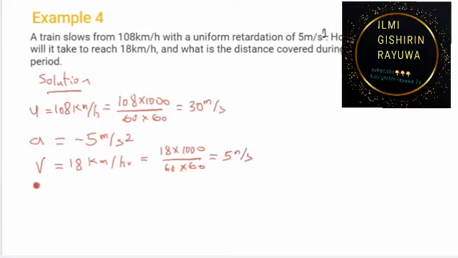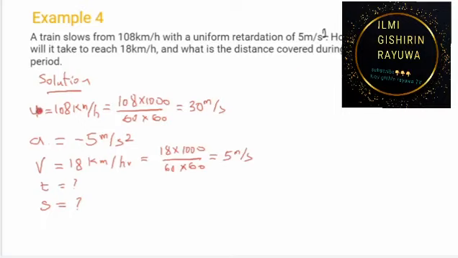Okay, so we are looking for the time, and we're also looking for the distance covered. So to get the time, which of the equations are we going to use?